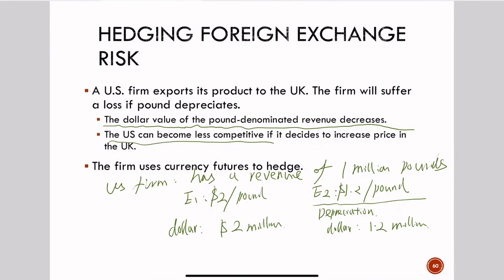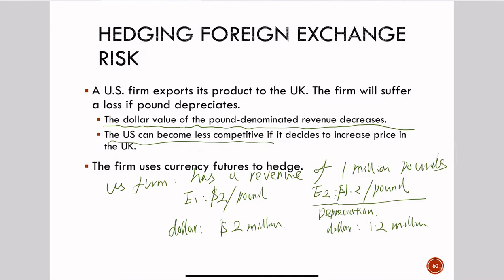So now you could say, okay, I will just increase my selling price in the UK. So I will make my products more expensive. In this case, the increase in the pound denominated revenue can at least partially offset my suffering in this exchange rate, right?